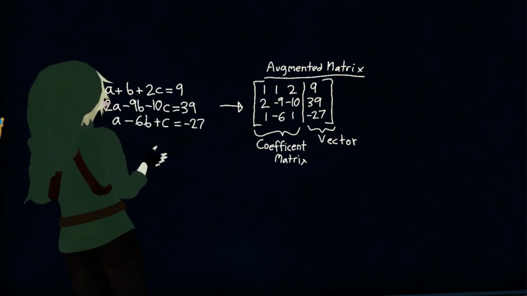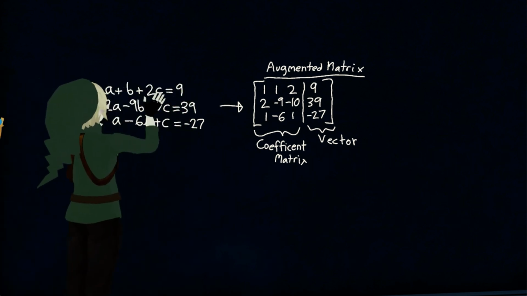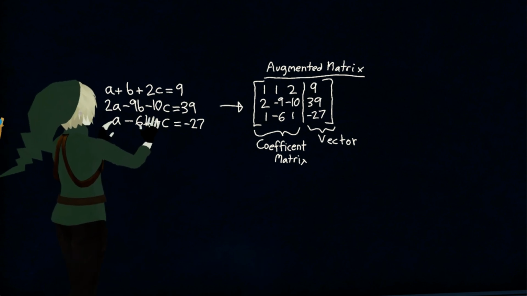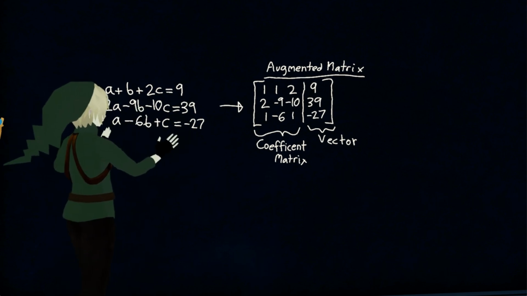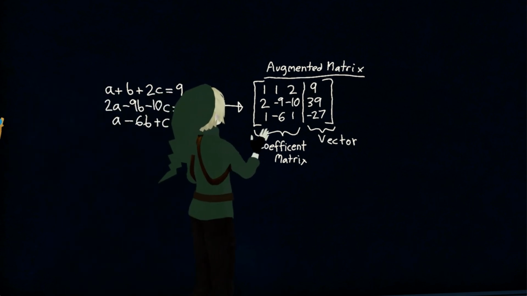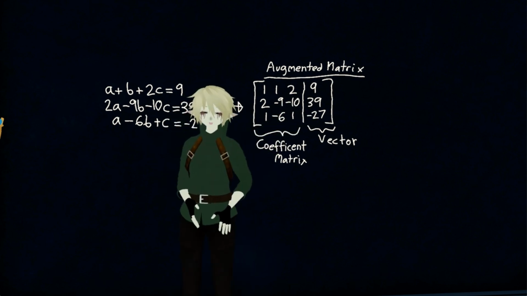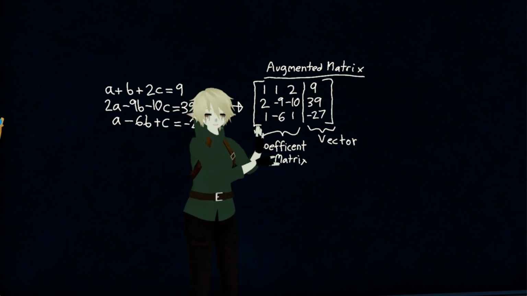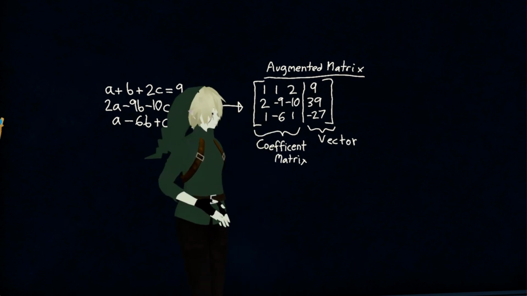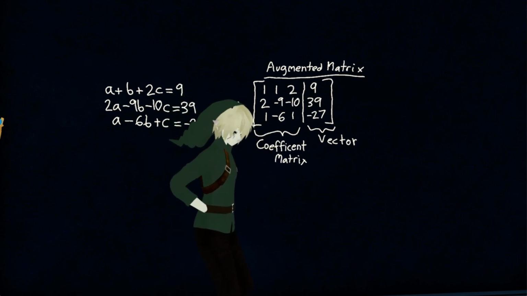So whenever we deal with a very disgusting system like this, something you don't even want to solve by hand, you turn it into an augmented matrix. Now you're probably saying, Silver, okay, we have an augmented matrix, but how does this even help us solve the system of equations?